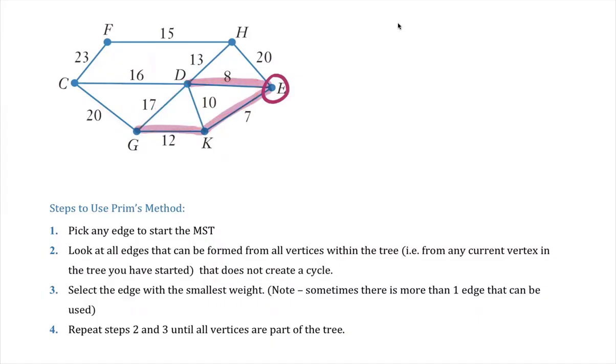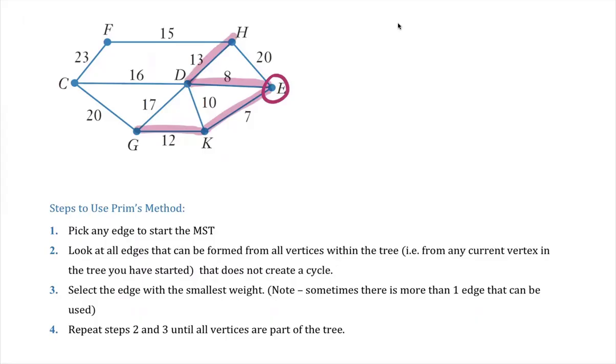We've looked at all of the edges from G. Now from D we have an edge of 16 versus 13. From E we have 13 versus 20. I know which one I'm picking to create the minimum: I'm going to connect up to H using 13.